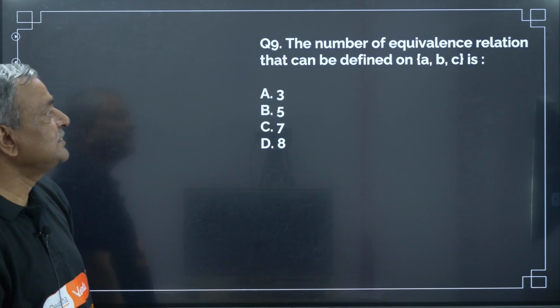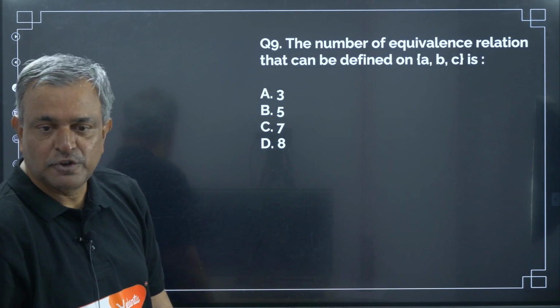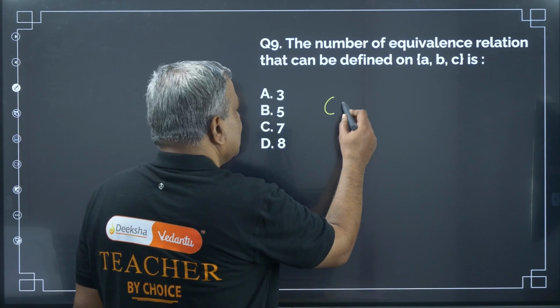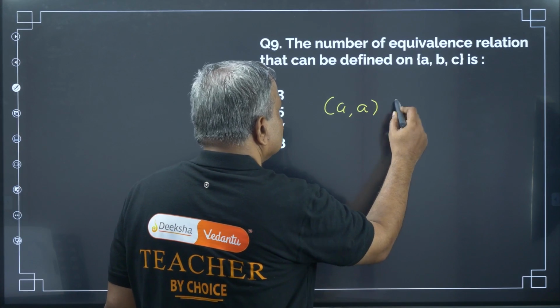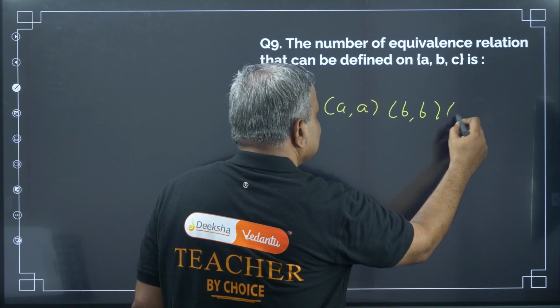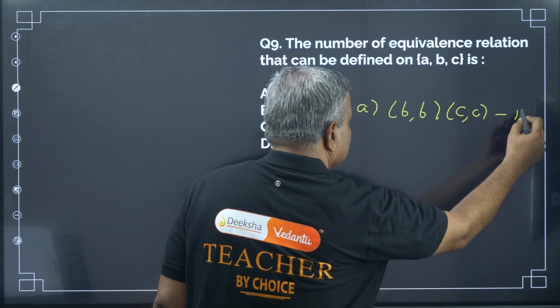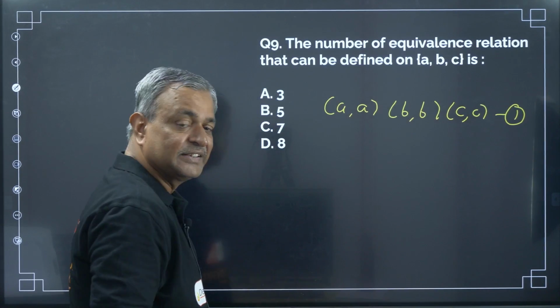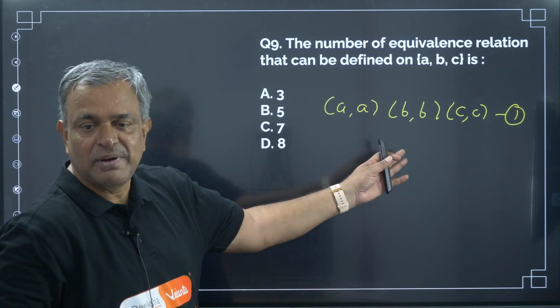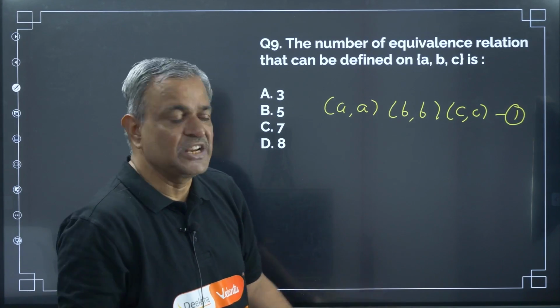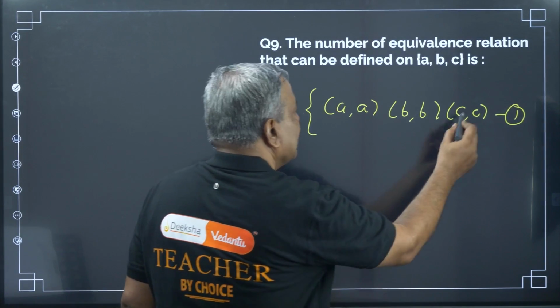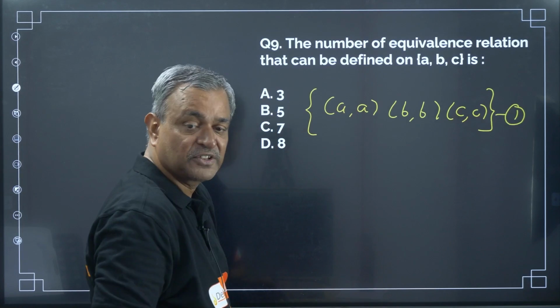Number of equivalence relations, there is no specific formula. See, (A,A), (B,B) and (C,C). This is one because the identity relation is an equivalence relation. We consider identity relation is also an equivalence relation.